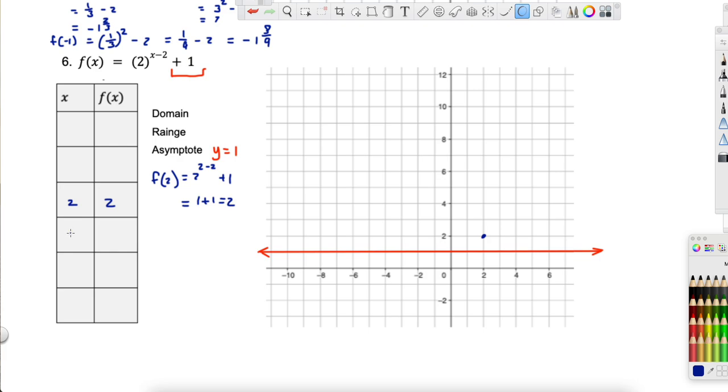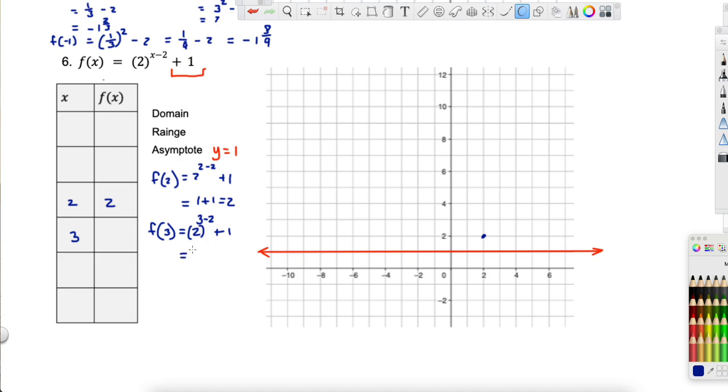Let's try 3. And I want to talk about shifting here in a second too, because now that we've done 2 of these, maybe we can understand what happens when we add or subtract inside this exponent. So I got 2 to the 3 minus 2 plus 1. 3 minus 2 is 1. 2 to the first is 2 plus 1.